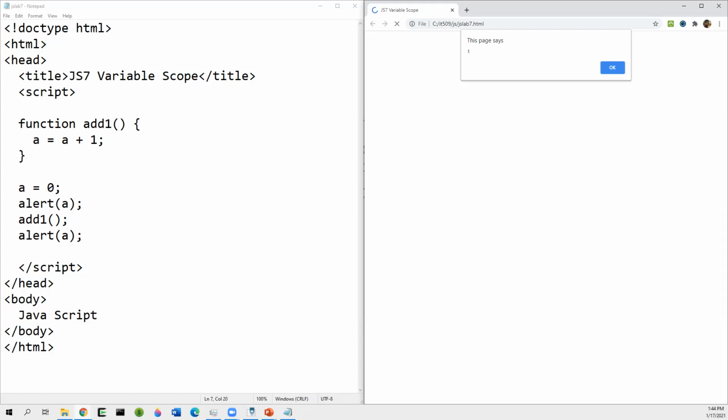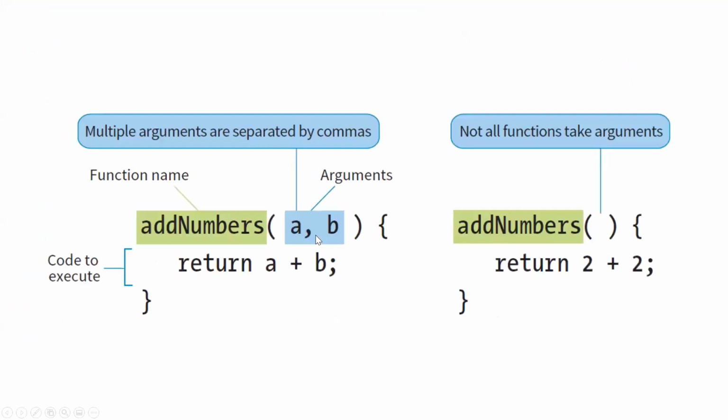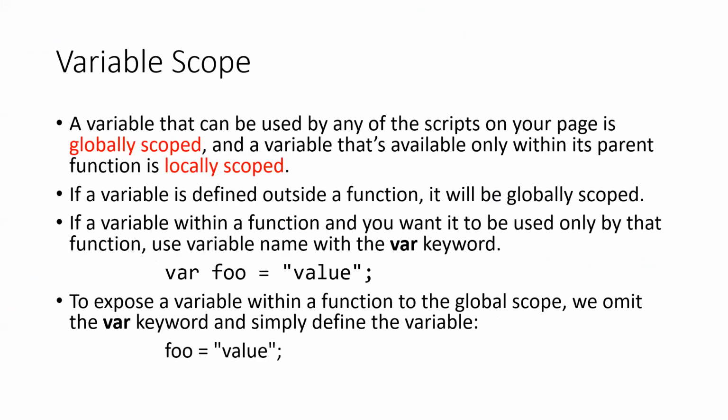So here, okay, I will share the slide first. I think we better discuss that. So under variable scope, this is what I want to discuss, right? When you say a variable that can be used in any script in your pages, we call it global scope. Everywhere we can use the variable. But if it is within some function, then we call it local scope.